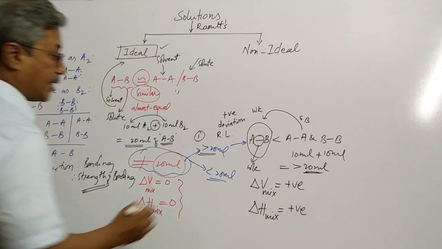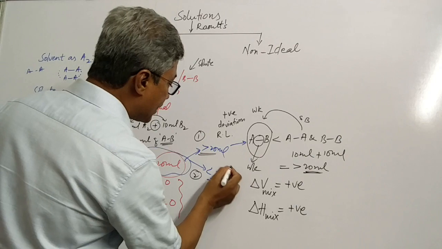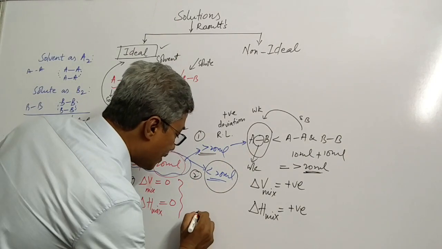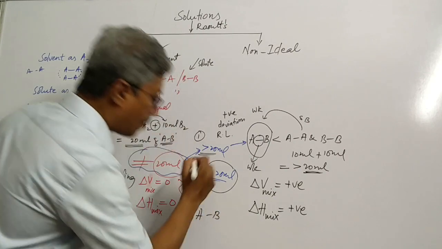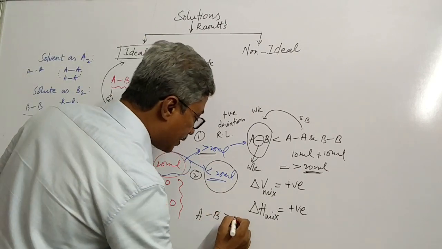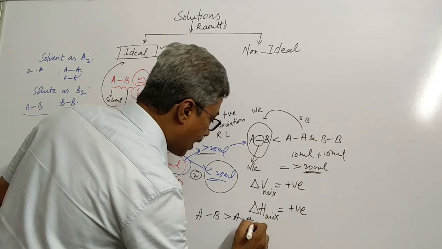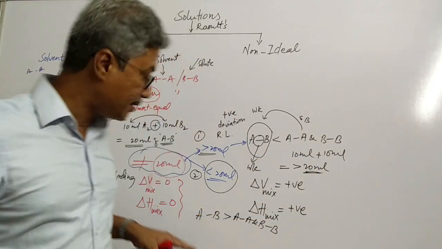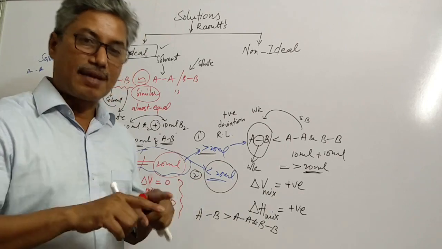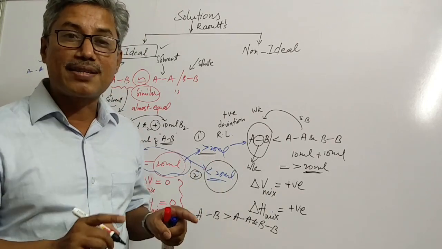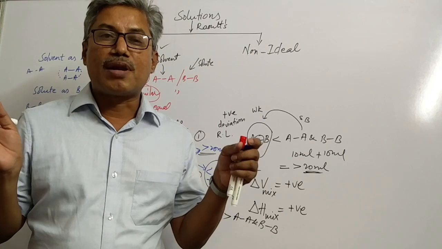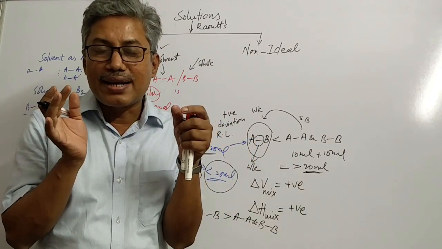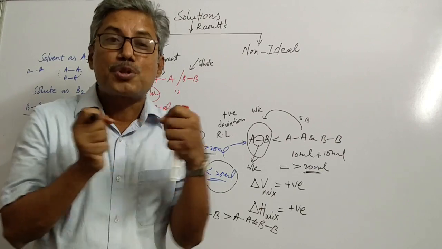Okay. Then let us take the second case. If it is less than 20 ml, then what does this imply? AB, that is solute-solvent interaction, is stronger than A-A and B-B interactions. Is that clear, students? If the total volume is less than the sum of the volumes, it means the solute-solvent interaction is so strong that they occupy less volume due to strong bonding.